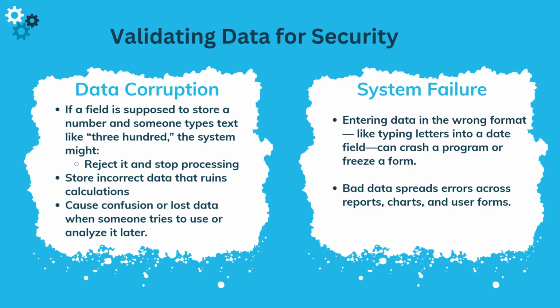If someone is allowed to enter bad data and someone later tries to use that bad data to analyze something, it can cause confusion and can result in data loss. System failure. Entering data in the wrong format can actually crash the system or freeze a form. It can spread errors through different reports, charts, and other user forms.